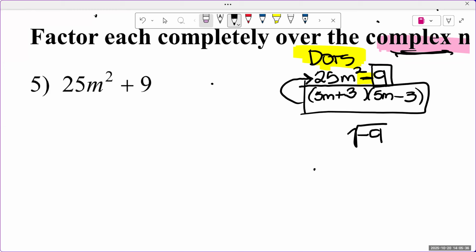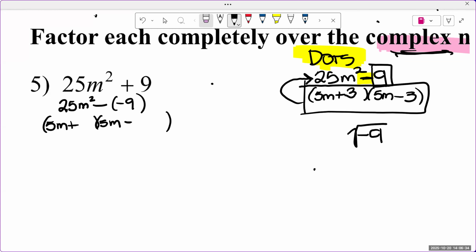So we're going to use that same concept. This is 25m squared minus, so we could use the difference of two squares shortcut, -9, because minus and negative is plus. We're going to take 25m squared and split it into 5m and 5m, one plus, one minus, because that's the way difference of two squares works.